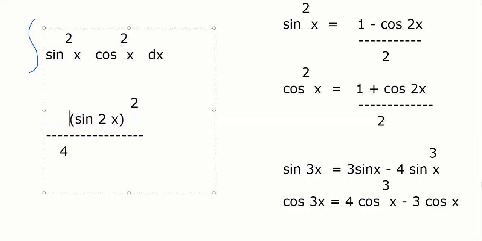Sin 2x whole square. You know what sin square x means? ऊपर first formula देखो. So this also I can write sin square of 2x. My question becomes now sin square of 2x, right everybody? कोई problem नहीं अभी तक?